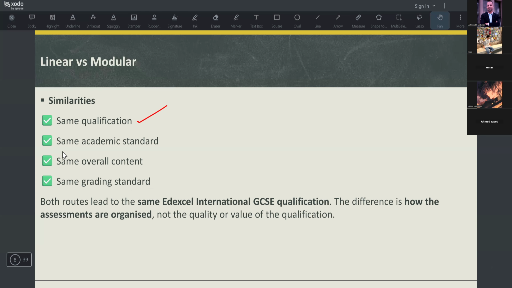Same academic standard, same overall content, and same grading standard. Both routes lead to the same Edexcel International GCSE qualification. The difference is how the assessments are organized, not the quality or value of the qualification. Okay, these are the similarities between linear and modular.